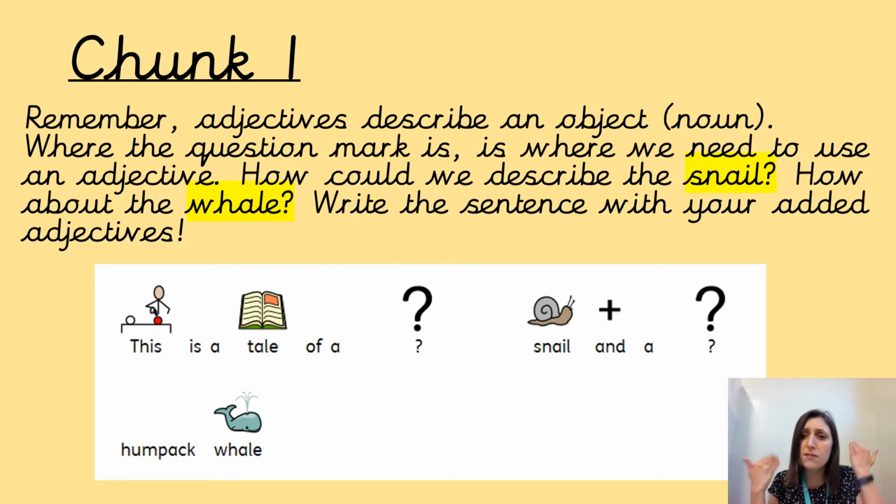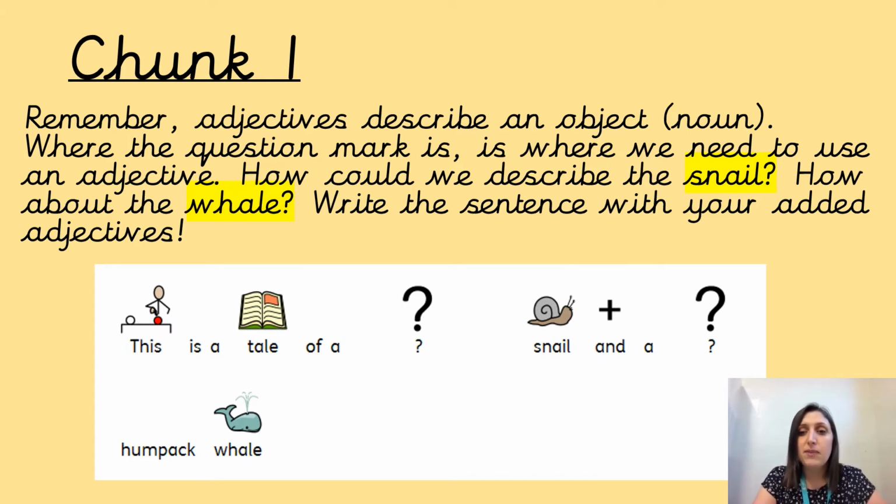Think about all of the ones that you did yesterday and the day before. So this is the tale of a something snail. Think about how you could describe the snail. The snail was sitting on that rock. He was looking quite excited. You could think about how the snail is looking or how the snail is feeling and put your adjective there.